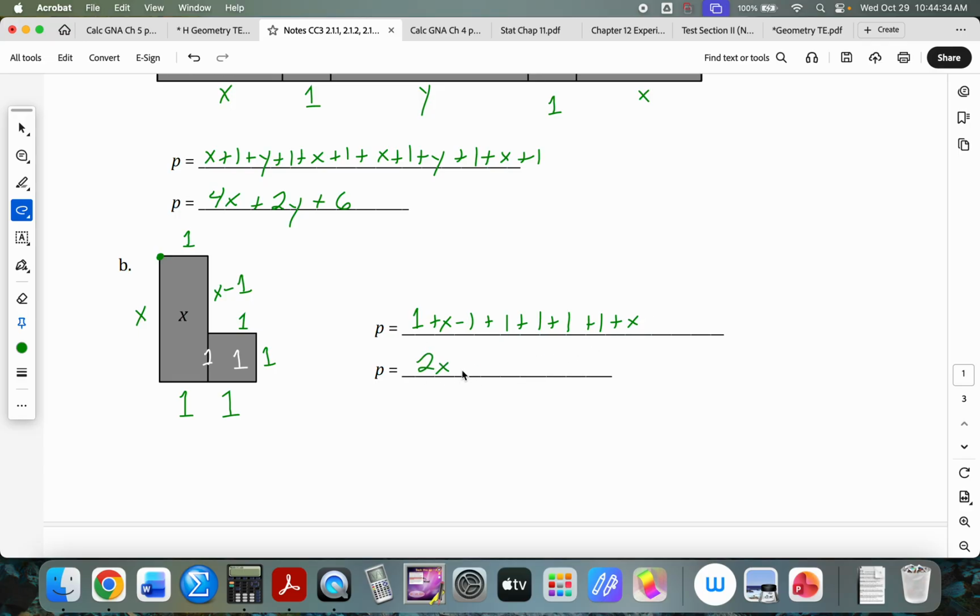So we've got 2x. 1 minus 1 is 0, and then 1, 2, 3, 4 plus 4. Any questions about that?